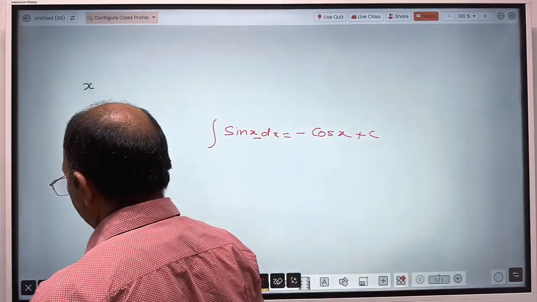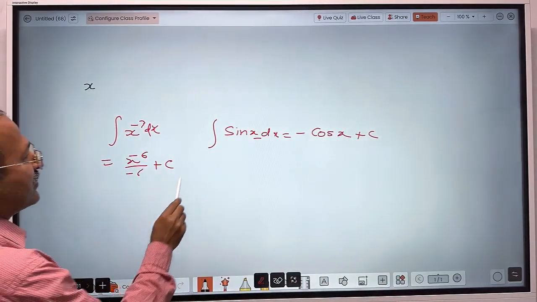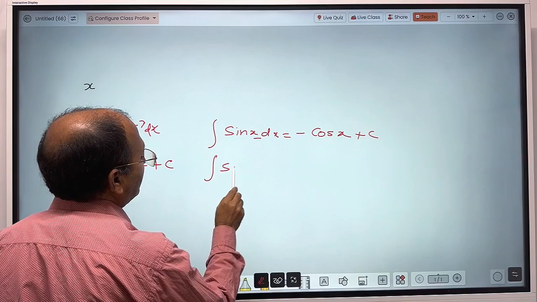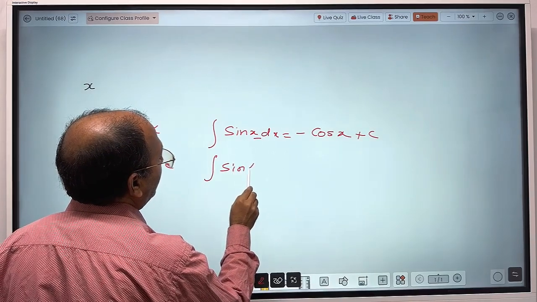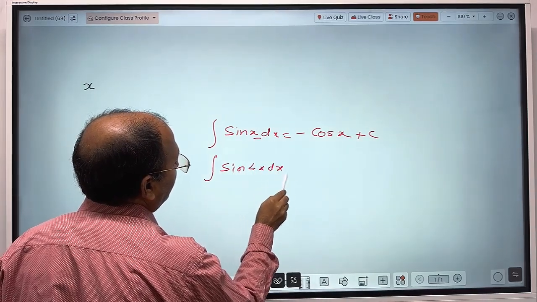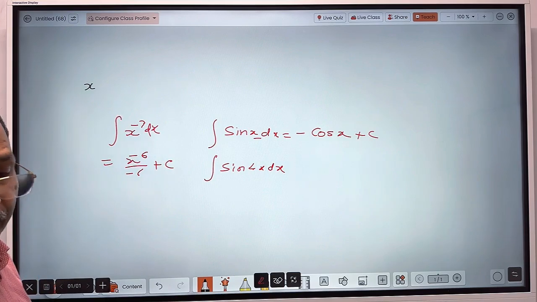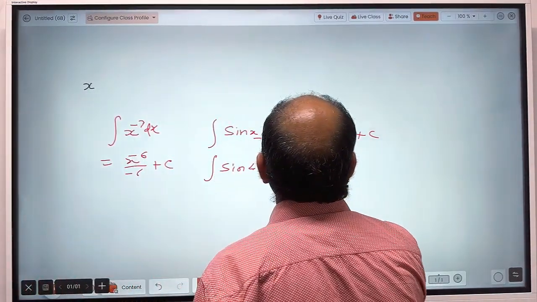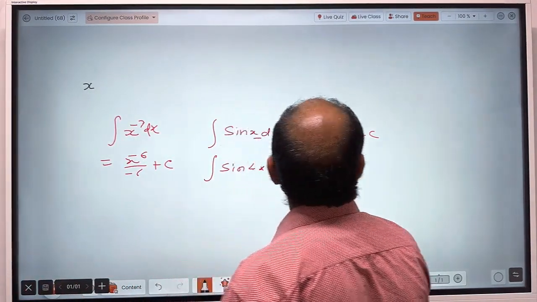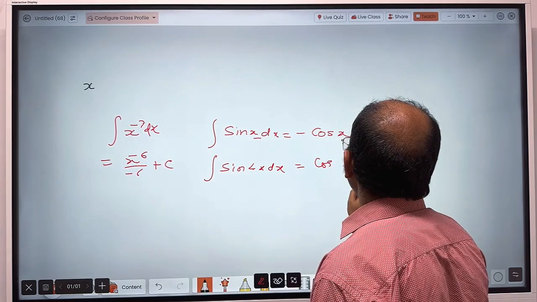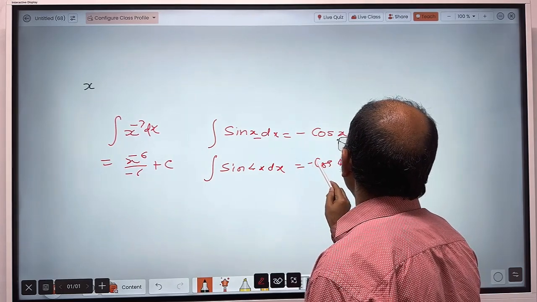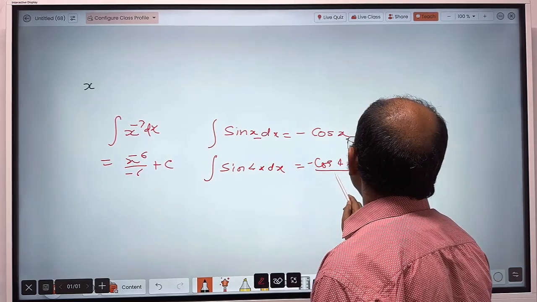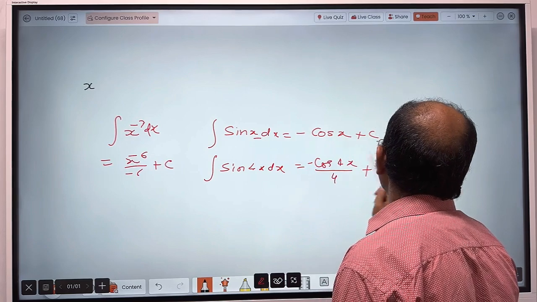But suppose here in place of x we write some other function. Let's write it as sine 4x dx. Then what change will be there? Here sine will become cos. So cos of 4x with a negative sign, and then we divide by the same number 4 plus c.